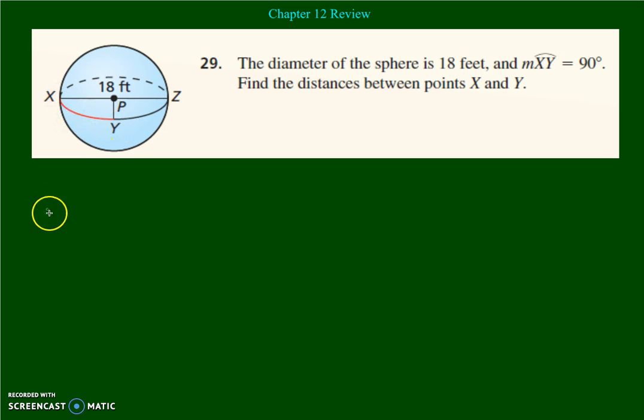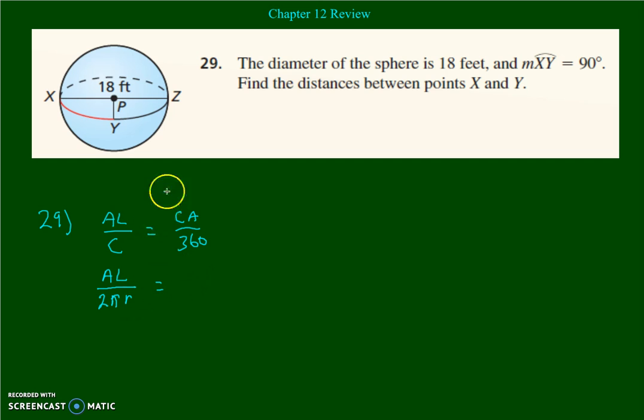Let's go ahead and for problem 29, let's recall our formula for arc length. Arc length is to circumference as central angle is to 360. We're looking for arc length, so that's what we're going to find. Circumference is 2 pi r.